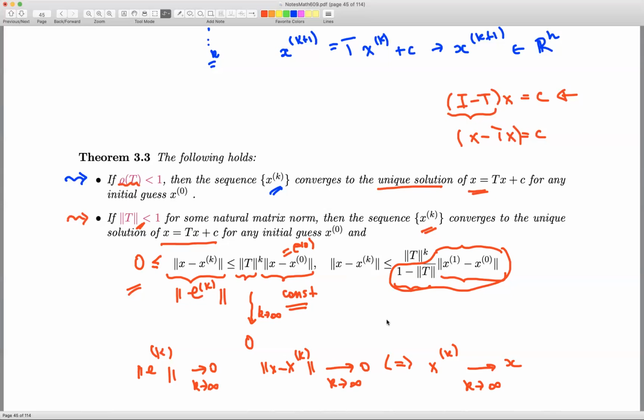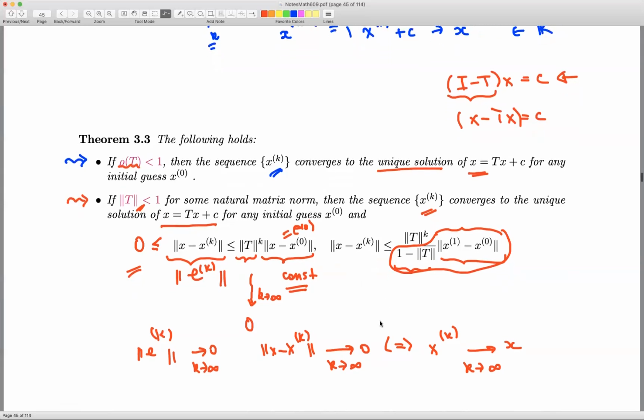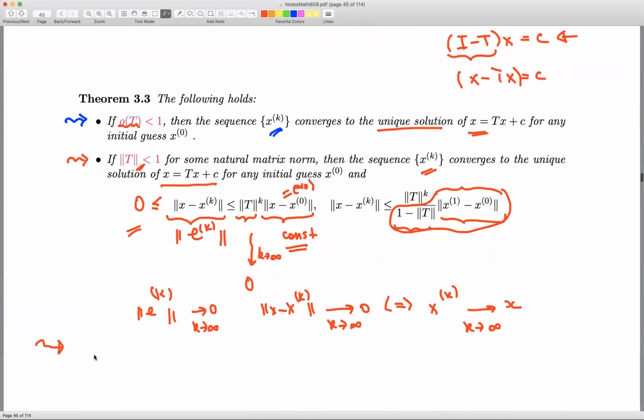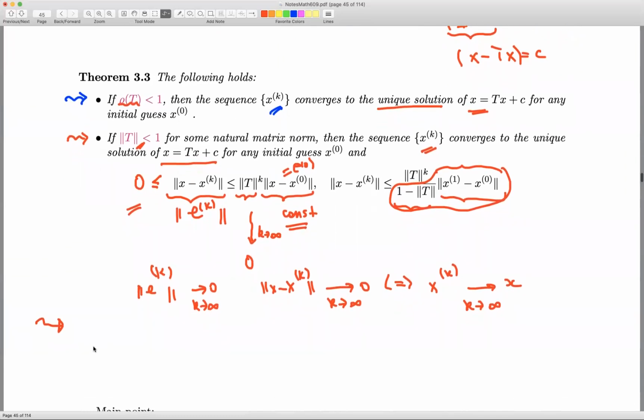Now, remember that I did not include it here, but I will include it when I post the lecture. Remember, a long time ago, when we discussed norms, we discussed that in Rn, every two norms are equivalent.